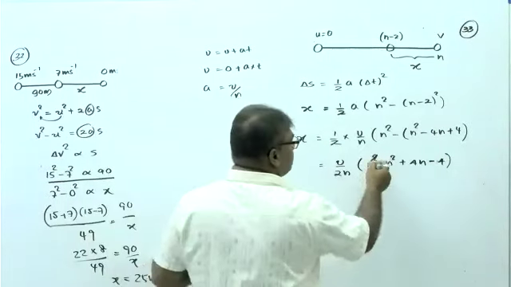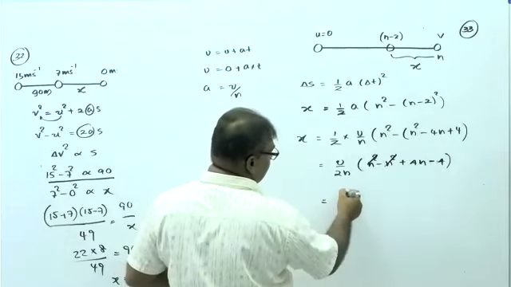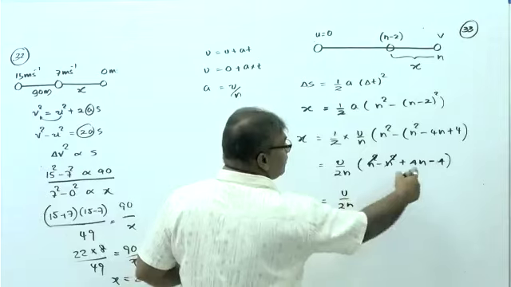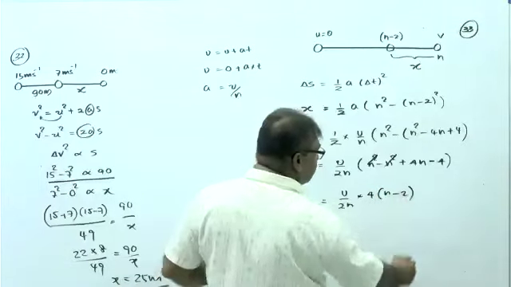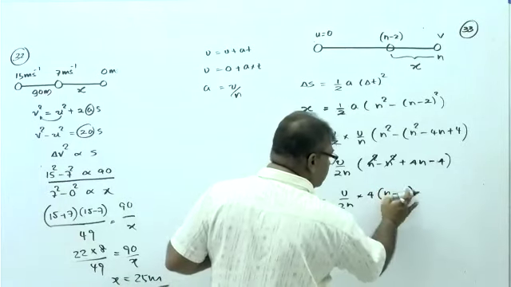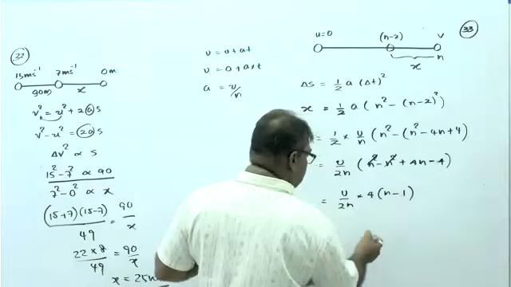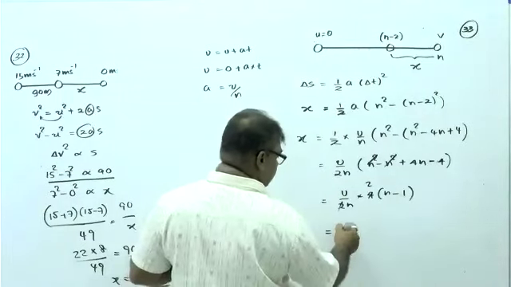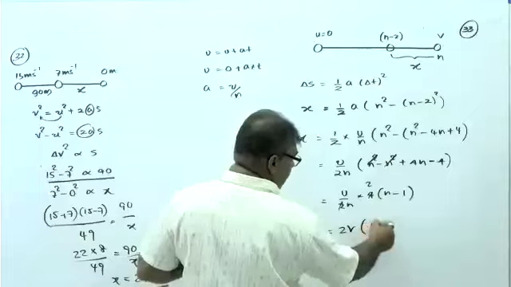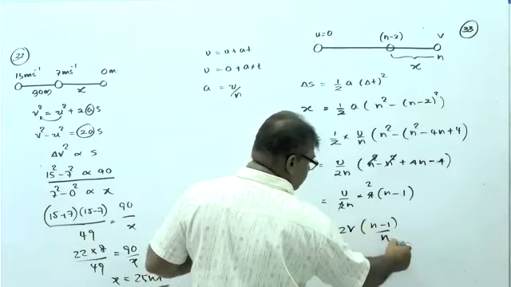These two cancel. So we have v over 2n. We have here common factor 4: it's n minus 2, right? n minus 1, sorry. n minus 1, clear. 2 into 1, here 2. Then the answer is 2v(n minus 1) over n.